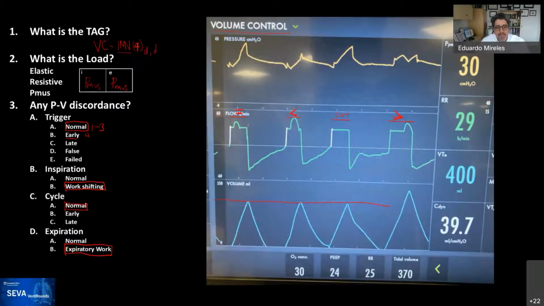So what the machine does is shorten the inspiratory time. You can see that the area under the curve here is this size, so it shortens it a little bit to maintain the tidal volume at the same goal.